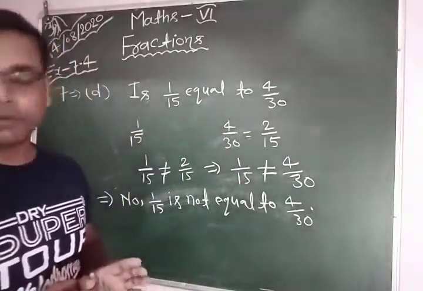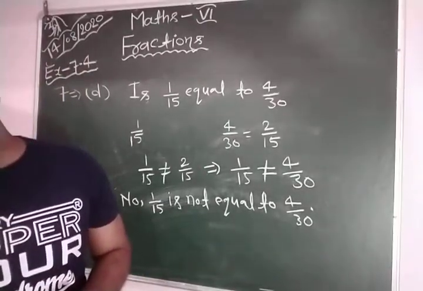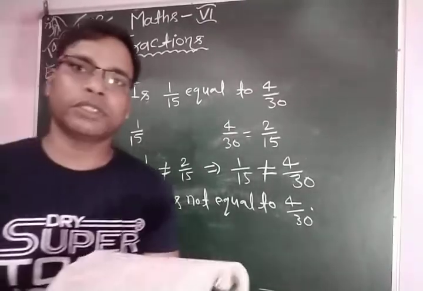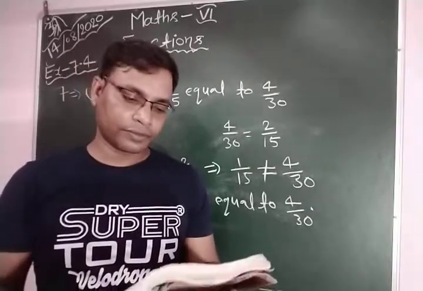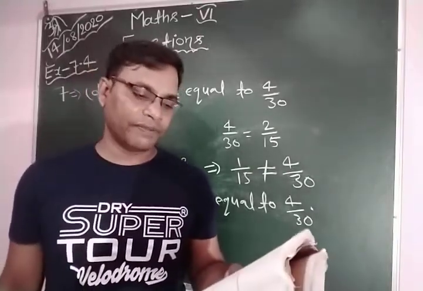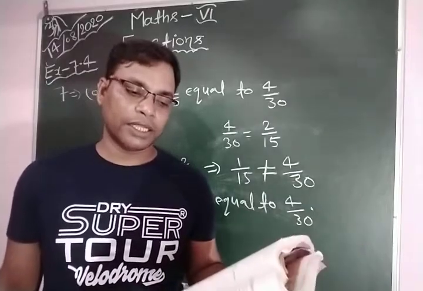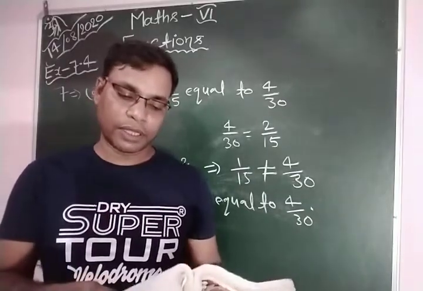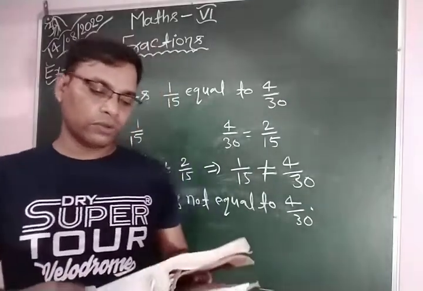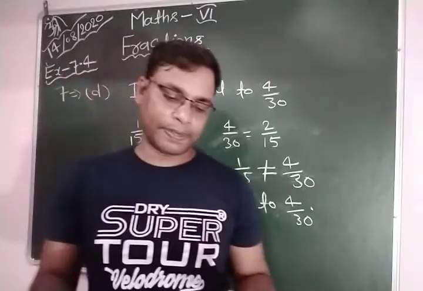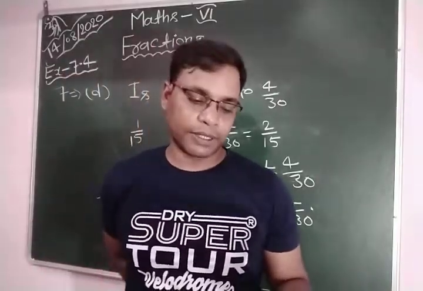Okay, now we are going to discuss question number 8. Ila read 25 pages of a book containing 100 pages. Lalita read 2 by 5 of the same book. Who read fewer pages?